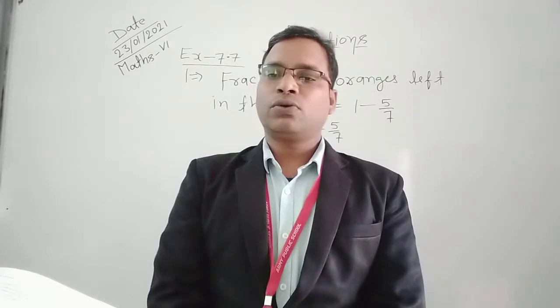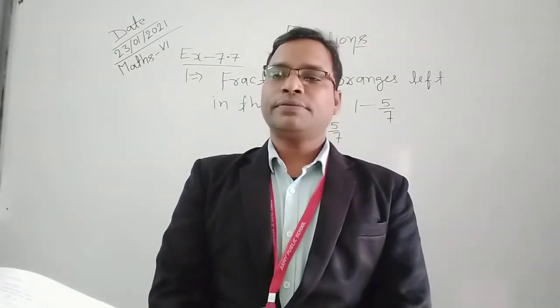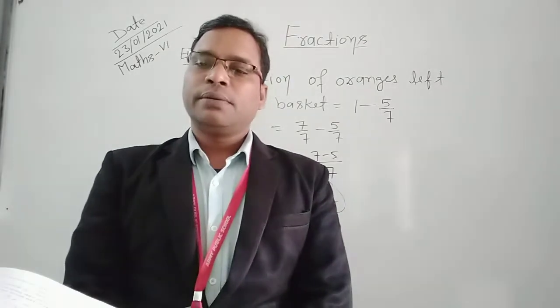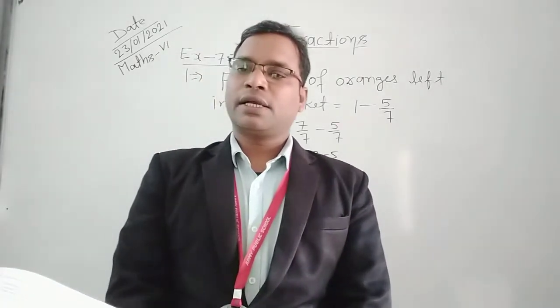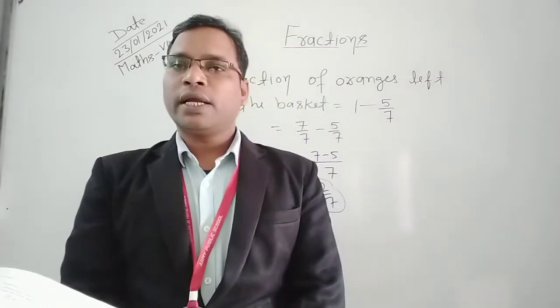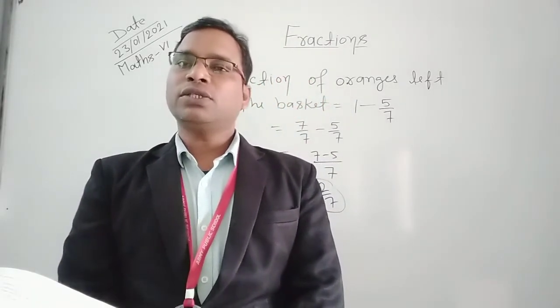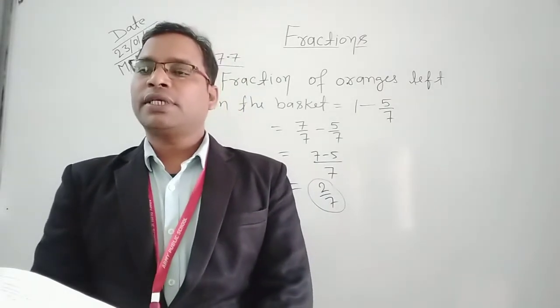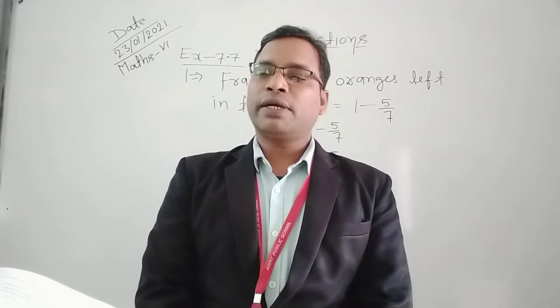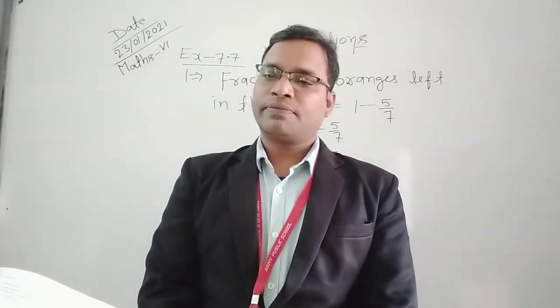Question number 2. Naina was given 1.5 pieces of cake and Najma was given 1 and 1 by 3, or you can say 1 whole 1 by 3 piece of cake. Find the total amount of cake that was given to both of them.